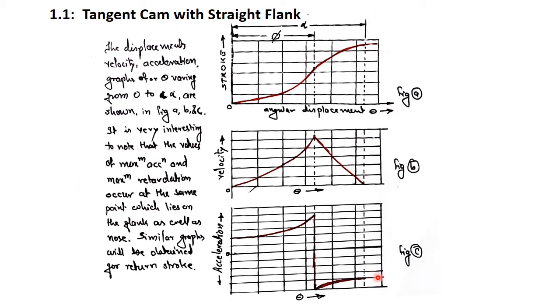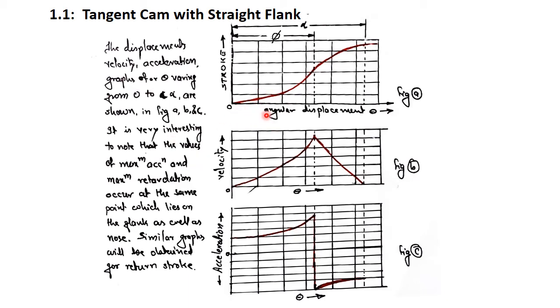So the above analysis can be understood by means of the graph which is plotted here. Here the displacement, velocity and acceleration graphs are drawn for the angle theta when it is measured between 0 to alpha.